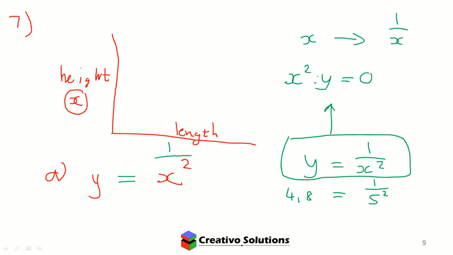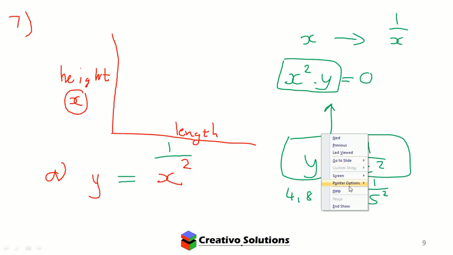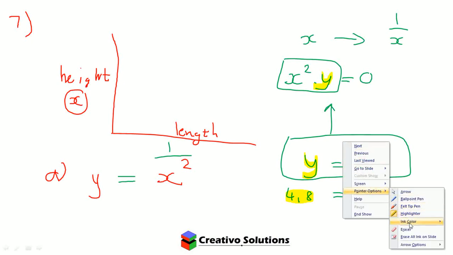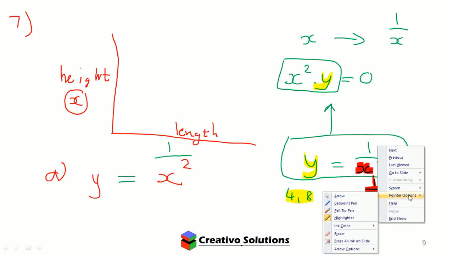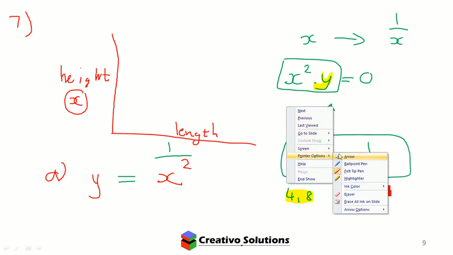They tell us that y is 4.8, so I'm going to substitute that in, and x is 5. So the 1 over x squared would be 1 over 25, which I could just substitute into this, which I'm going to do.